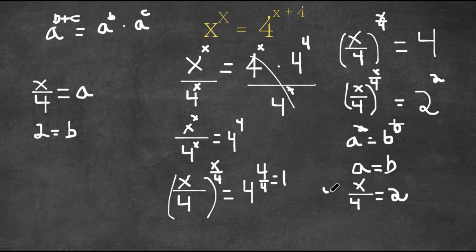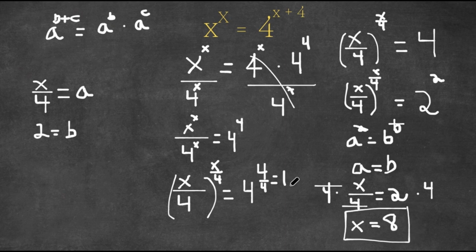So now if we multiply both sides by 4, these two would cancel out, so we'd be left with x equals 2 times 4 is 8. So x equals 8.